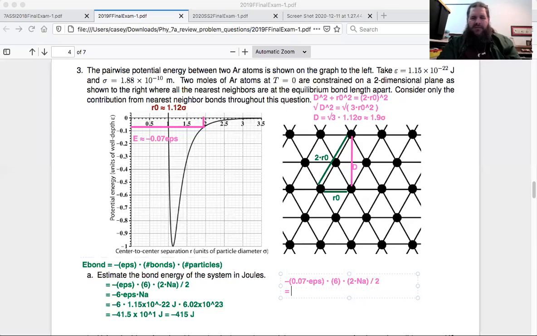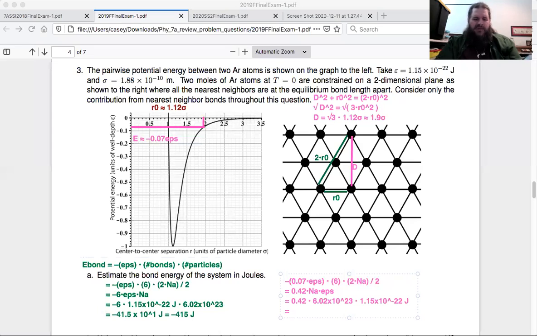And multiply that out, we've got negative 0.07 times 6 times 2 divided by 2 becomes just 0.42. So 0.42 times Na times epsilon. That's 0.42 times 6.02 times 10 to the 23rd times, and then same epsilon, 1.15 times 10 to the negative 22 joules.